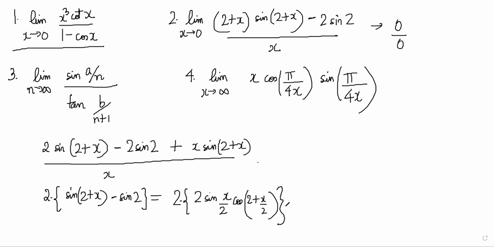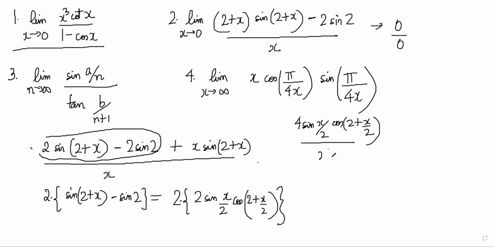So this is one term, this is this much, right? Divide by x there, so separate out the fractions. Once you separate out the fractions, it becomes 4 sine x by 2 cos 2 plus x by 2 by x, plus x cancels here and becomes sine 2 plus x.